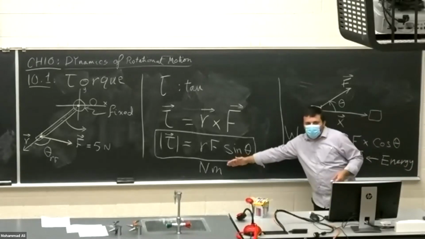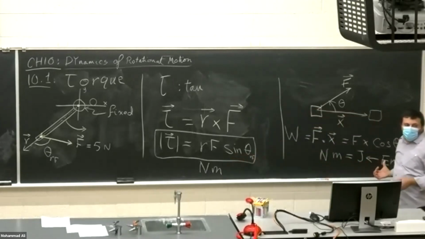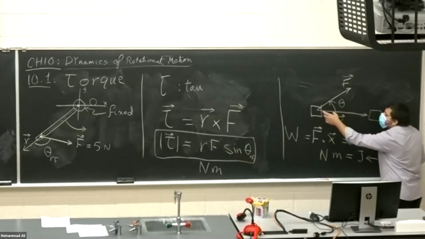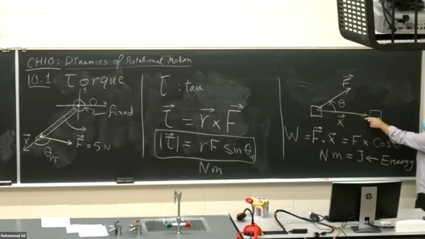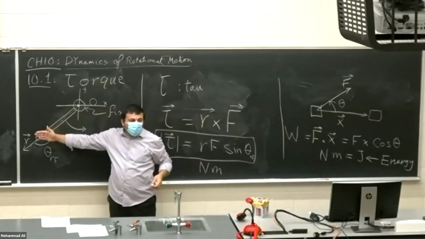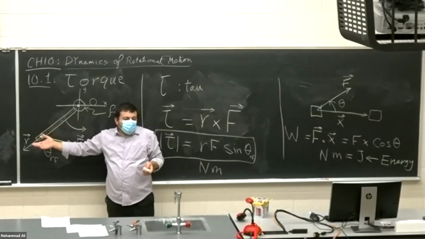The torque is not energy. I told you, x here is the distance the object moves, but the object here does not move r. R is its dimension. Okay?